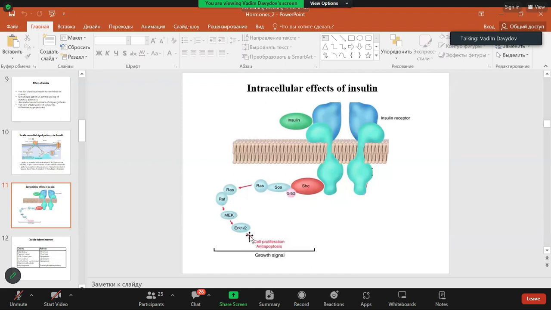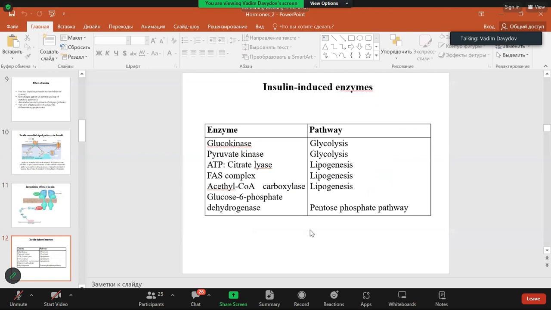But on the other side, in this signal transduction pathway coupled with insulin, the expression of genes of certain enzymes may increase, resulting in increased production of those enzymes. For example, insulin leads to induction of synthesis of glucokinase, pyruvate kinase, ATP citrate lyase, FAS, the fatty acid synthase complex, and so forth.